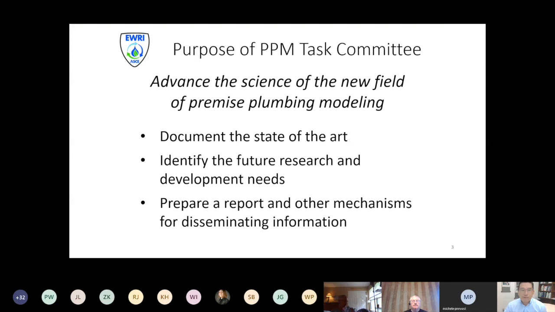A brief purpose of the PPM, Premise Plumbing Modeling, Test Committee. We formed this test committee to advance the science of the new field of premise plumbing modeling. The objective is to document the state of the art and identify future research and development needs. We're going to prepare a report and other mechanisms for disseminating information.